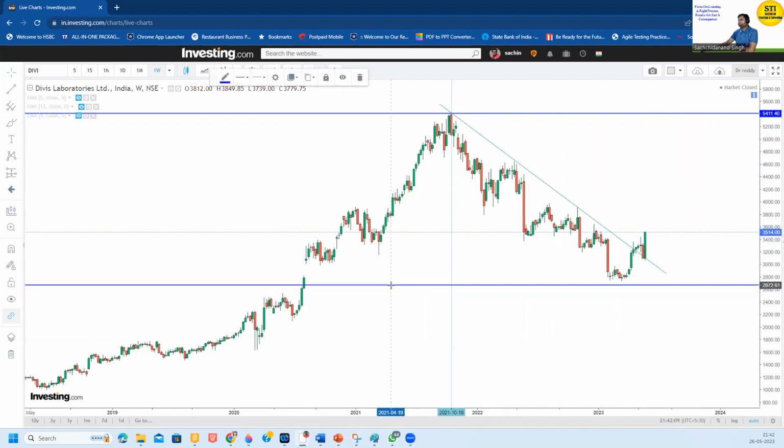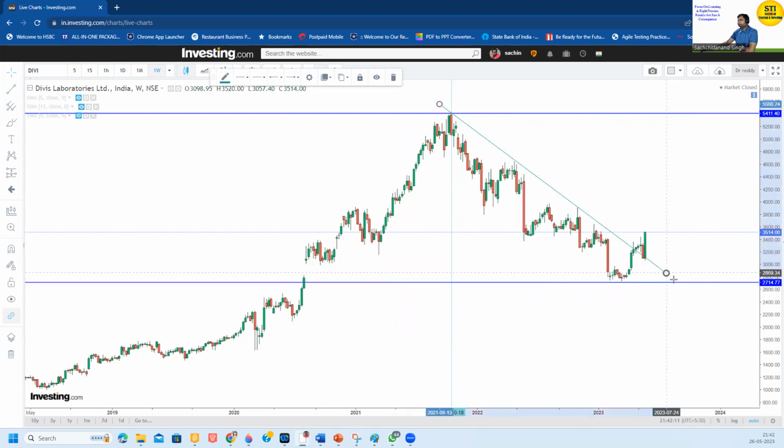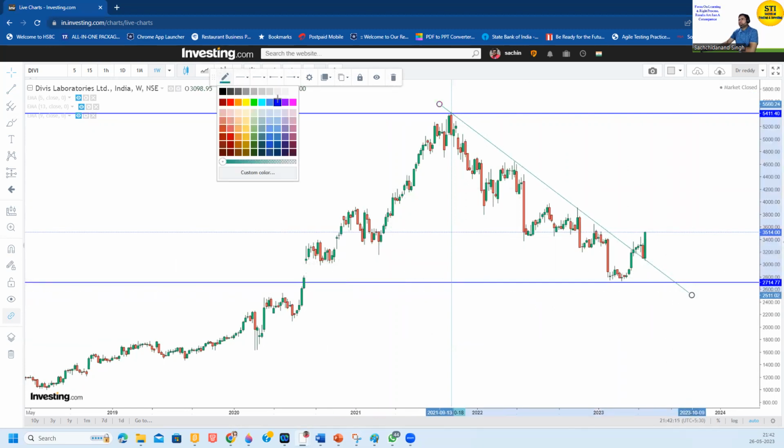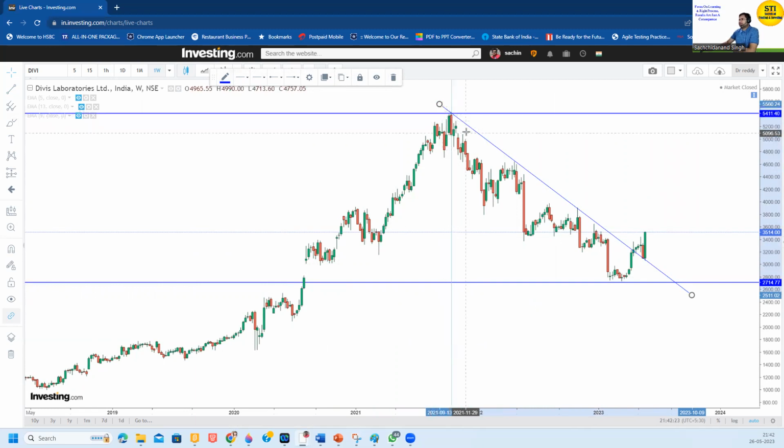So what it means is that this is a slanting trend line, which is touching all the highest points, or you can say most of the highest points, from October 18, 21 and onwards in a weekly time frame.